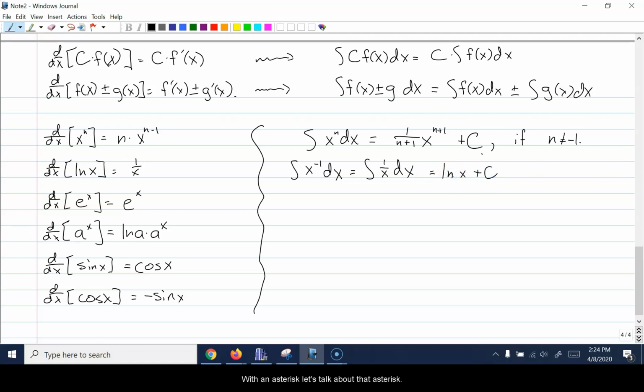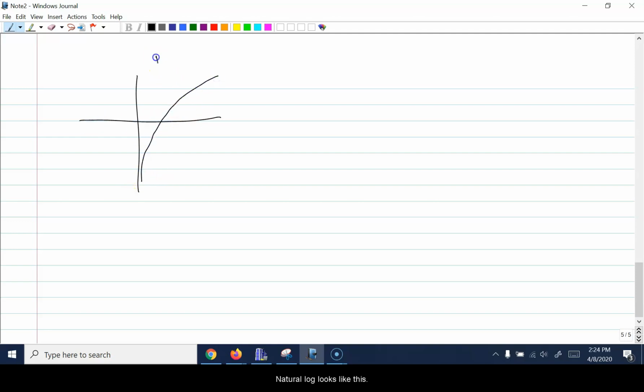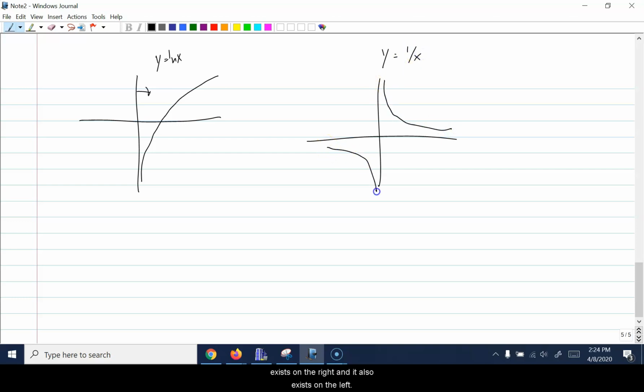Let's talk about that asterisk. There's a weird thing that's been going on when we take the derivative of natural log that we haven't thought about too much. Natural log looks like this. Right? It's only defined to the right of the x-axis. When I write the derivative of natural log 1 over x, that exists on the right and it also exists on the left. Is that a problem?